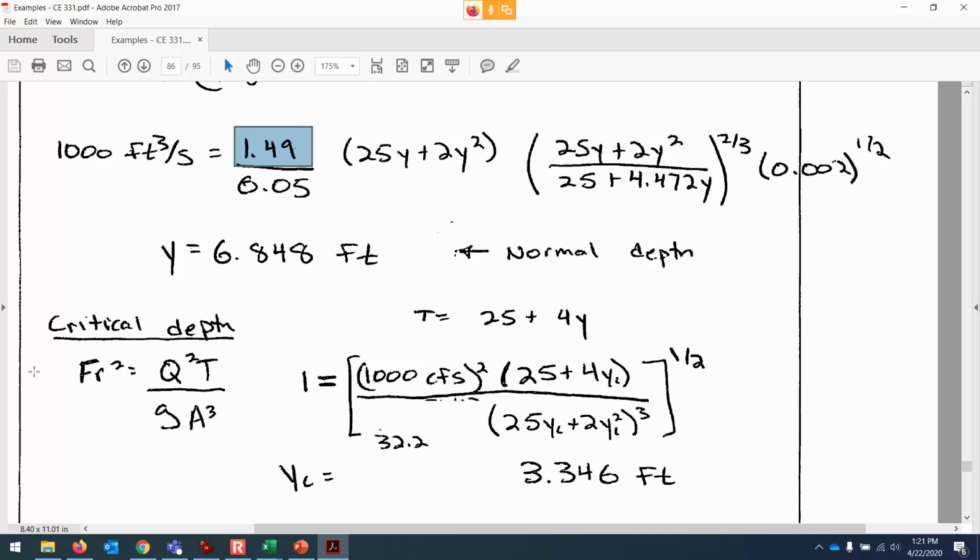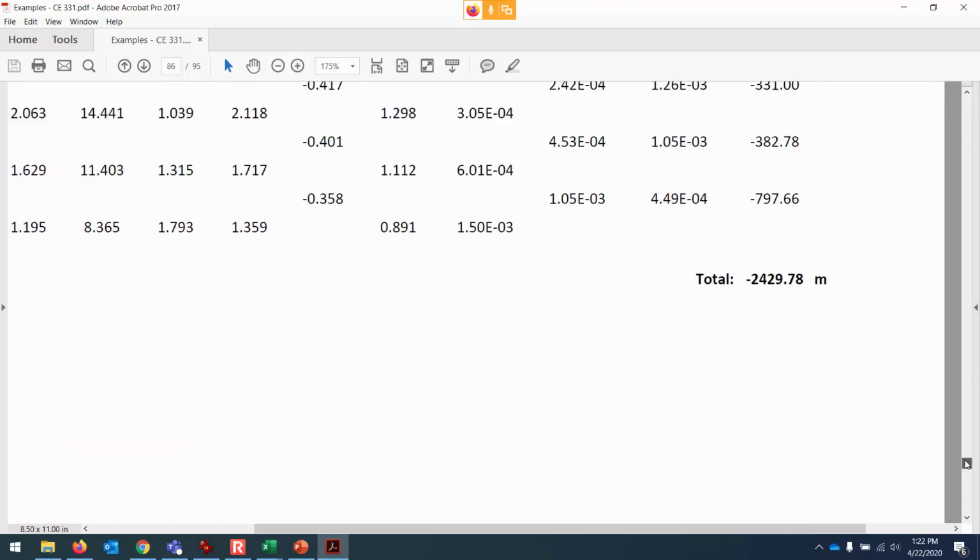The equation we have for the Froude number is that the Froude number squared is the flow rate squared times the top width divided by g times A cubed. All right, so what is the top width of this channel?